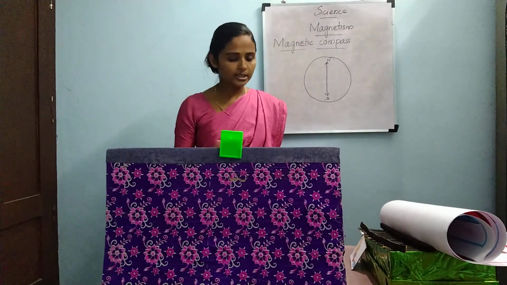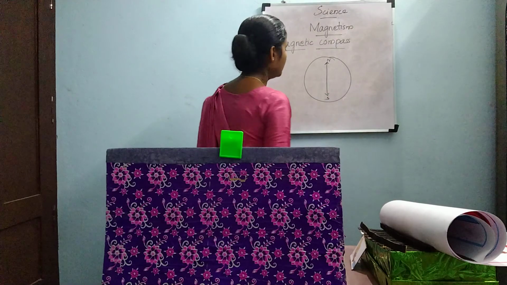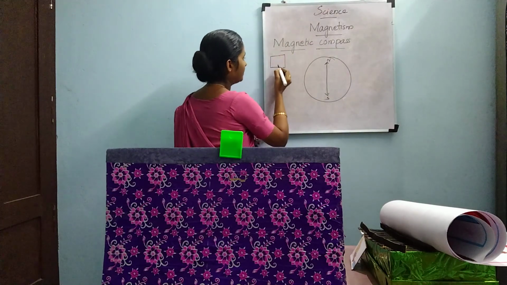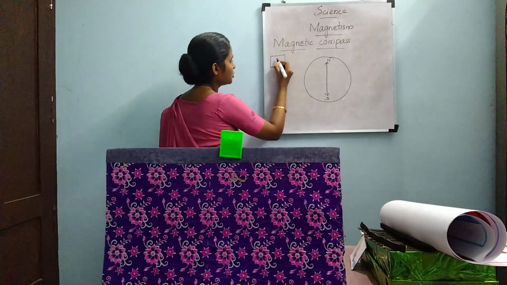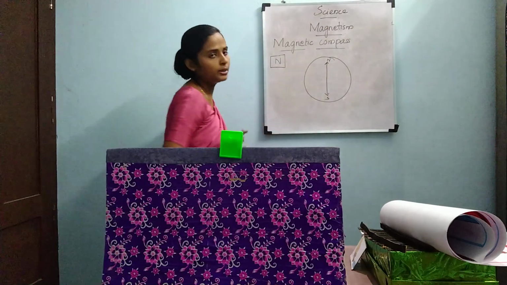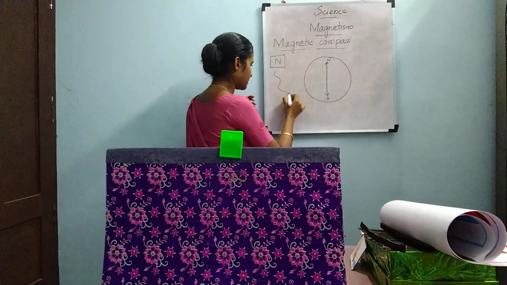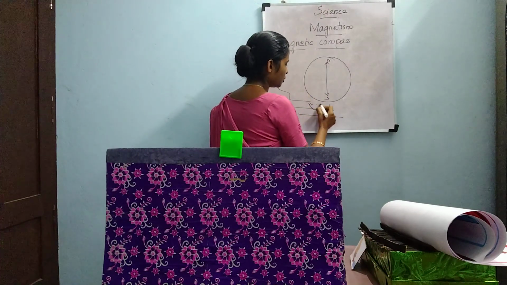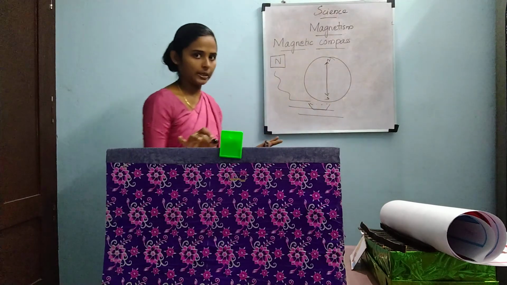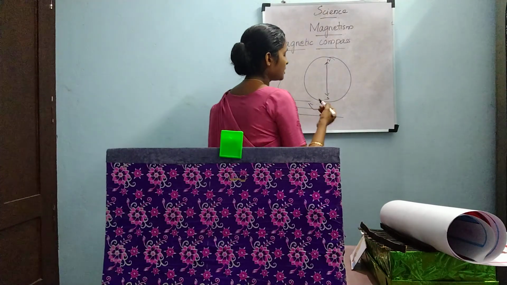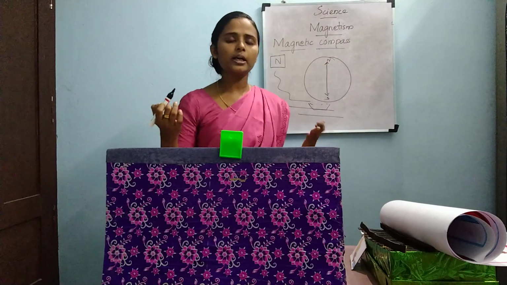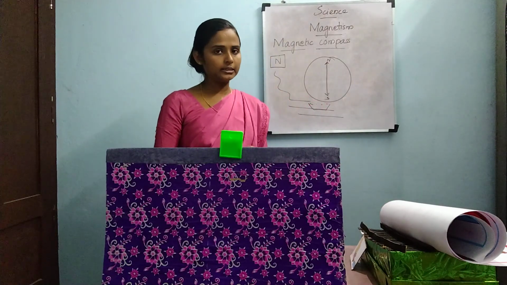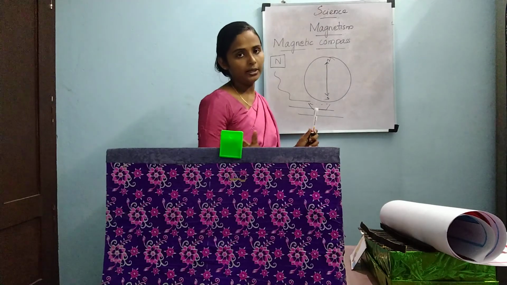Okay, it shows the direction. For example, if I'm in this place, and it shows a north direction, and I enter into the sea through a boat, I'm in the middle of the ocean, and I can't find any persons or any other ships or anything. I have only the magnetic compass.